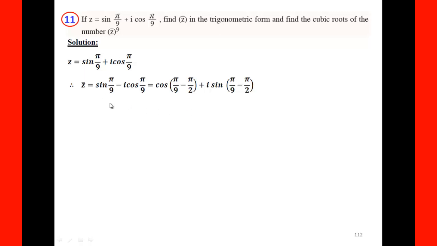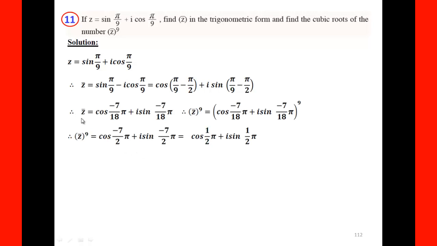So z bar equals cosine pi over 9 minus pi over 2 plus I sine pi over 9 minus pi over 2. After you simplify, pi over 9 minus pi over 2 equals negative 7 over 18 pi. So z bar equals cosine negative 7 over 18 pi plus I sine negative 7 over 18 pi.